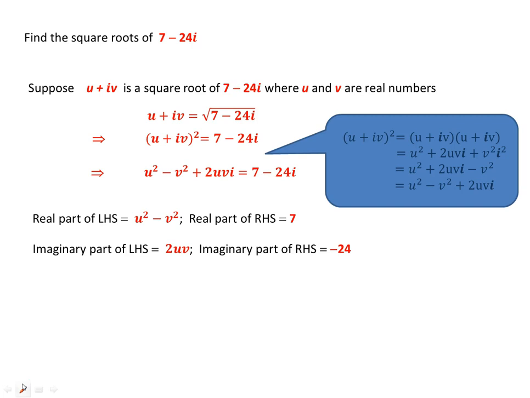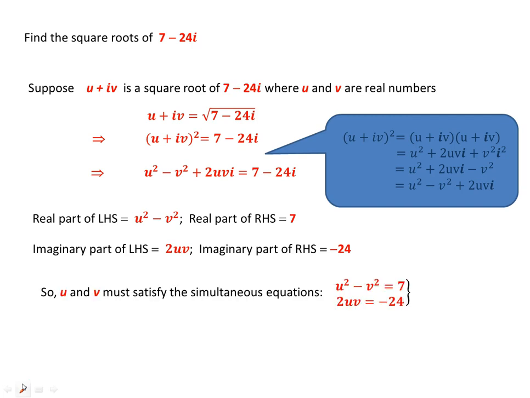Since the complex number on the left-hand side is the same as the complex number on the right-hand side, the real parts must be the same, and the imaginary parts must be the same. So we must have u squared minus v squared equals 7 and 2uv equals minus 24.